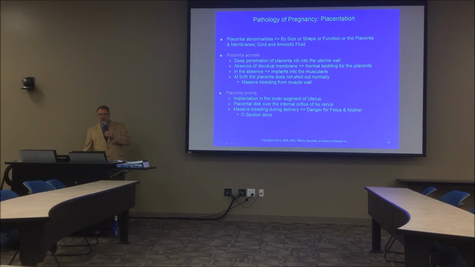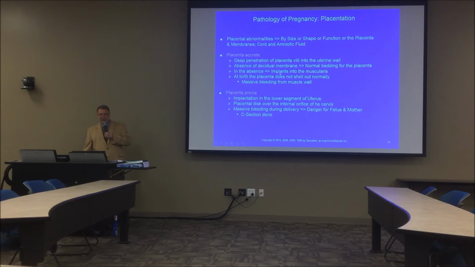So placentation means two situations with a placenta. The trophoblastic membrane. So placenta accreta means that the placental villi have a deep penetration into the uterine wall. It's not considered normal. There's also going to be an absence of that decidual membrane that gives a normal bleeding for the placenta.